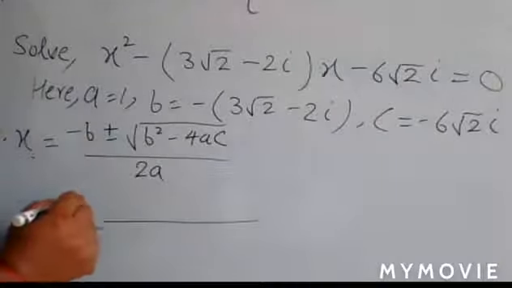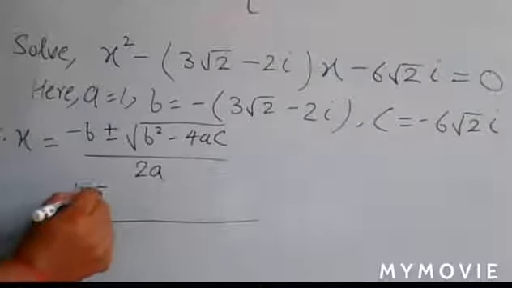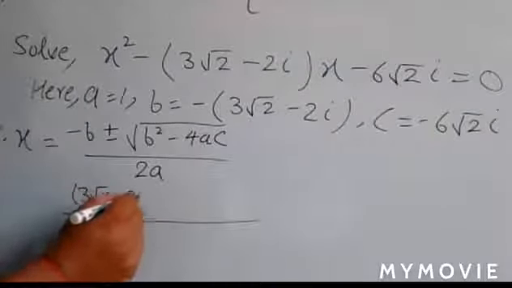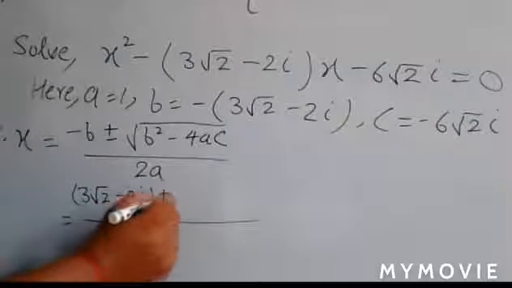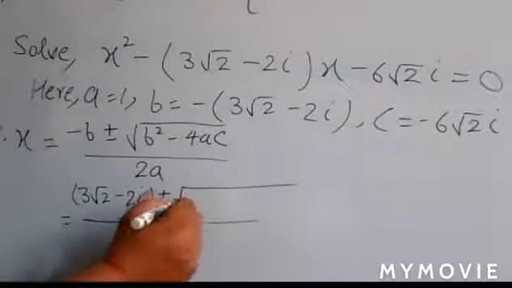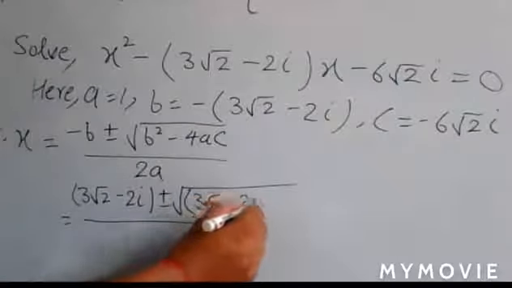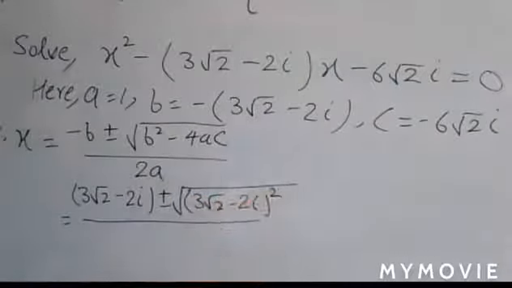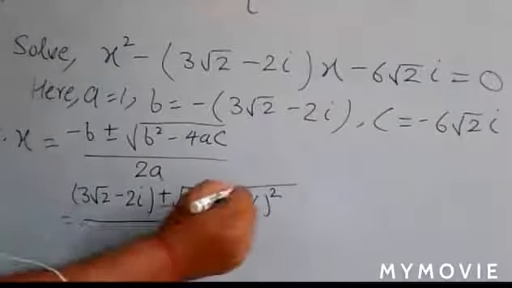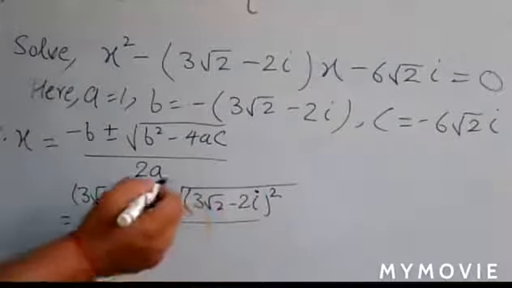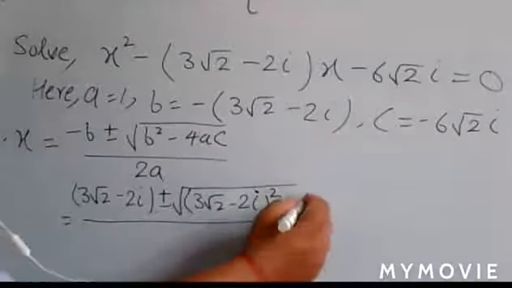So write 3 times root 2 minus 2i, plus minus under root, here you have (3 root 2 minus 2i) whole square, and minus 4a.